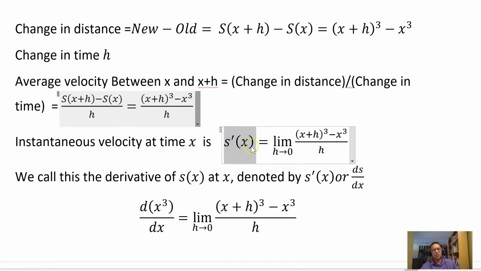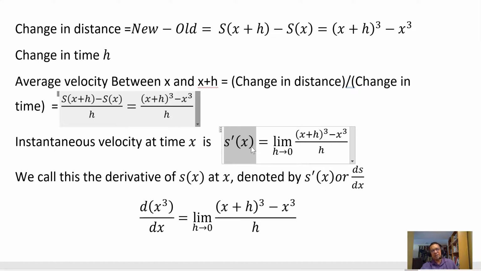For example, say you want to find the instant velocity at 11 o'clock. If you take the average velocity between 11 and say 5 seconds past 11, that could be a good approximation, but no, because a lot of things can happen in these 5 seconds. So you make it smaller and take the average velocity between 11 and 1 second past.